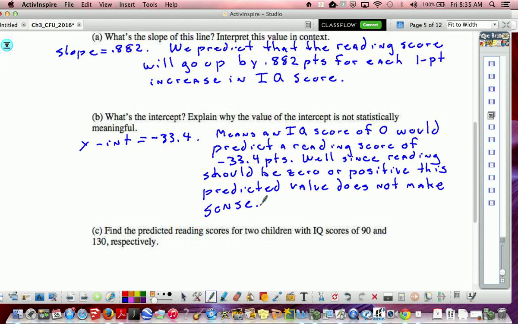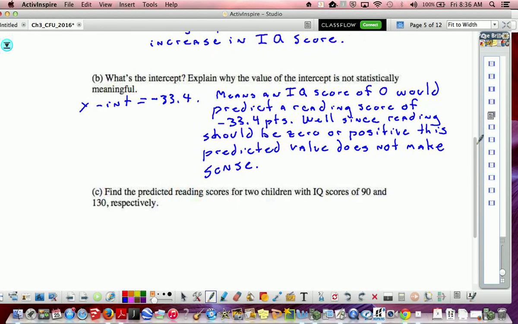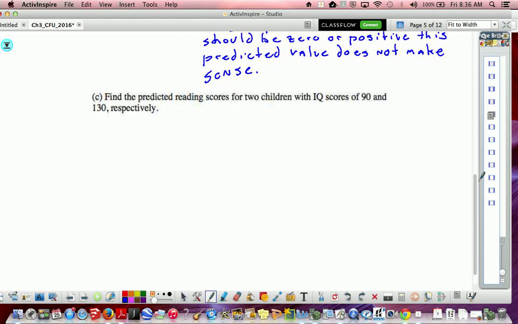Also, one could argue that, can someone actually exist and have an IQ of 0? Well, I suppose since it's a test, they could. So, hence why I went this route, talking about how you really wouldn't have negative reading scores.